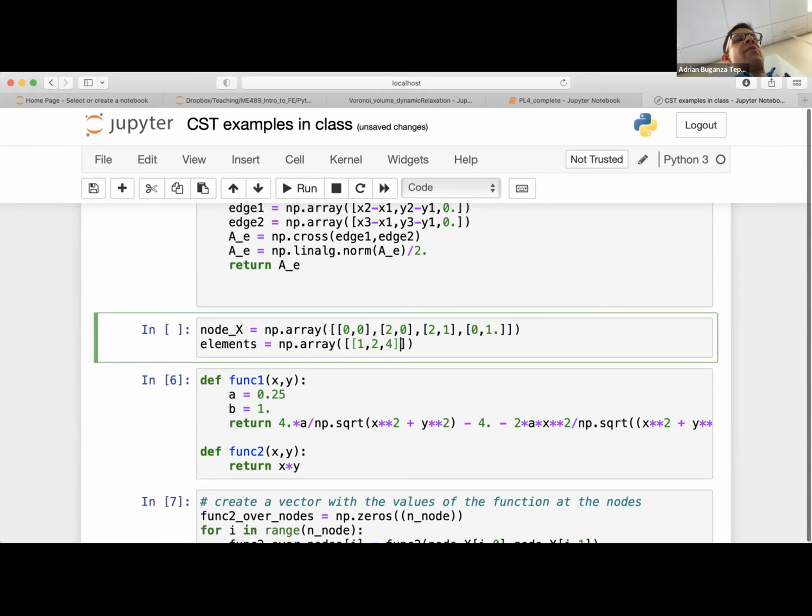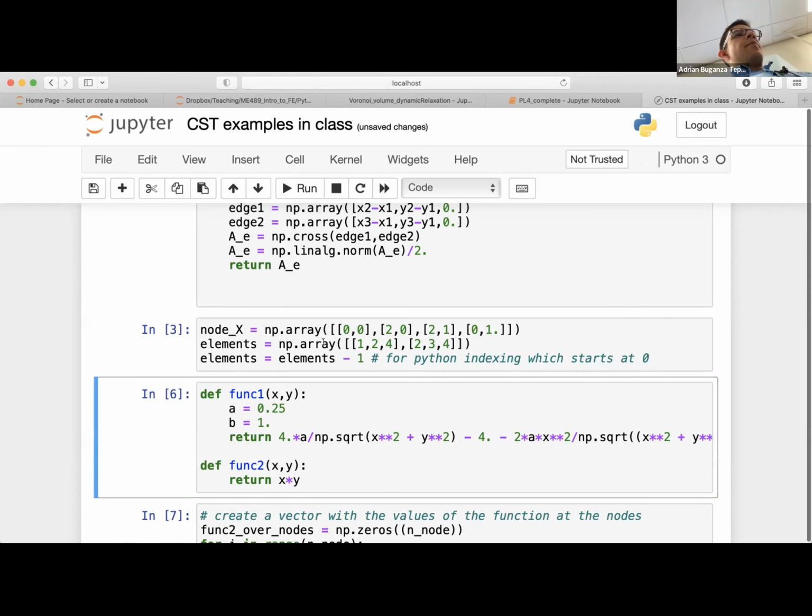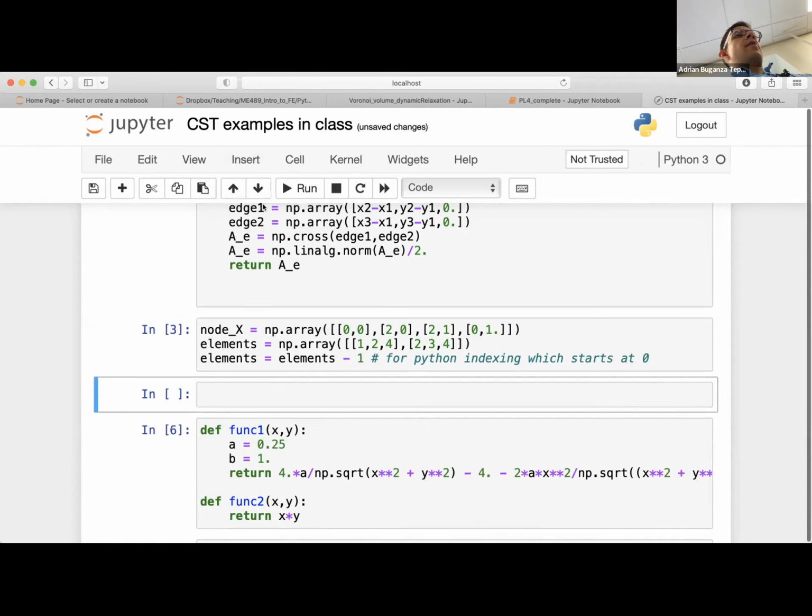I'll have to subtract 1 at the end, and then 2, 3, 4. All right, so now I have the mesh, basically, the x coordinates and the elements.